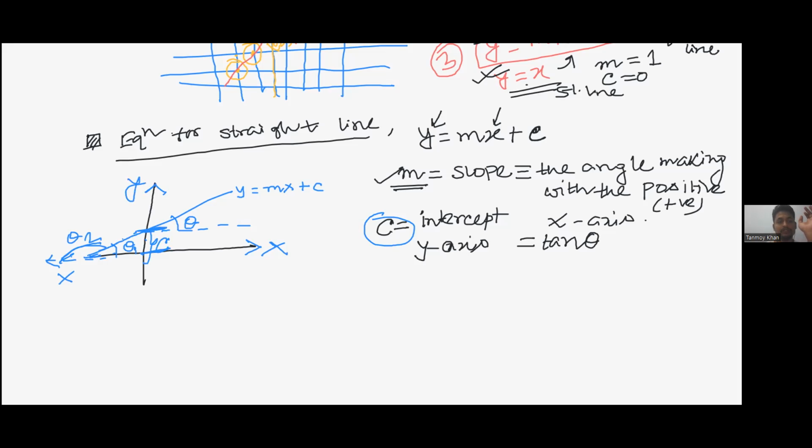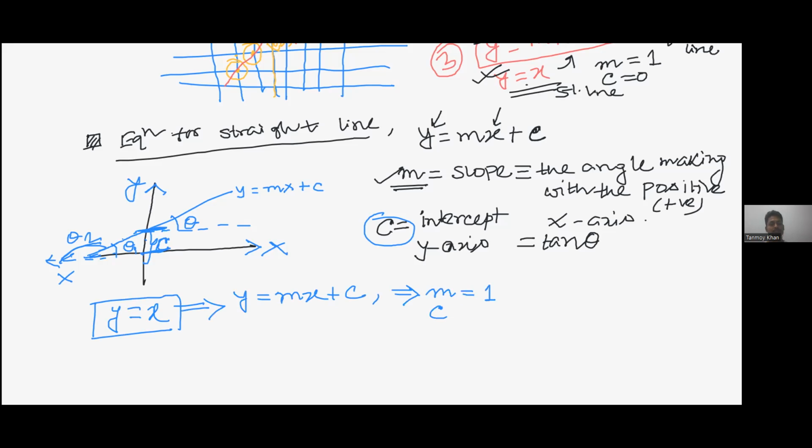This value is okay. Now let's try to put y equals x as y equals mx plus c. So comparing it with y equals mx plus c, you know that m is equal to 1 and c is equal to 0.